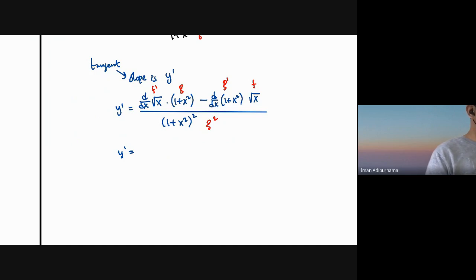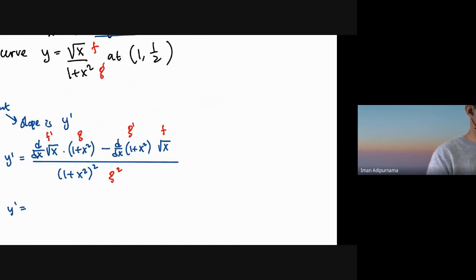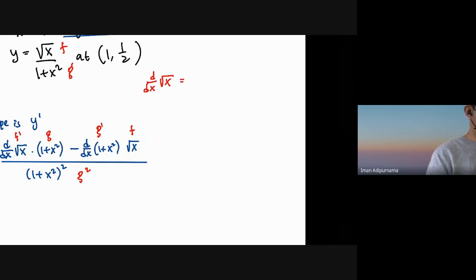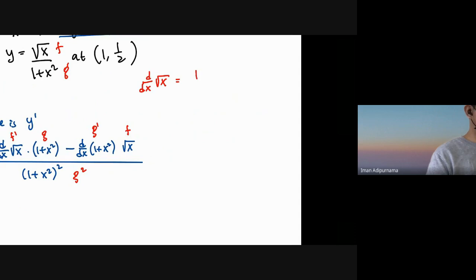Okay, derivative of square root of x. Let me write here. This should be this, right? If you are not confident, or you need to confirm, you can write it through this, okay? And you can have x to the half, half minus 1, or this will be x.